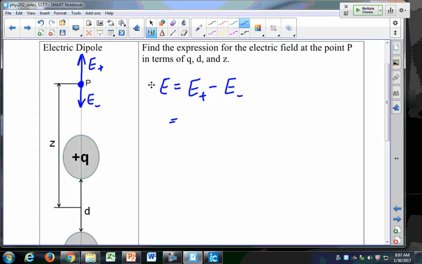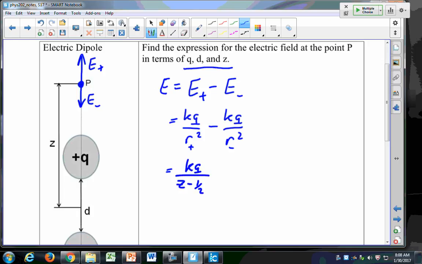So this is going to be KQ over R, I'm going to call this R plus, squared, minus KQ over R minus squared. And if I describe this in terms of Z, because I want it in terms of Q, D, and Z, it's going to be KQ over (Z minus 1/2 D) squared minus KQ over (Z plus 1/2 D) squared.